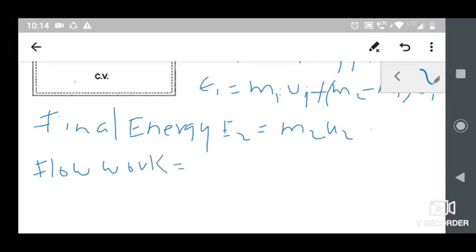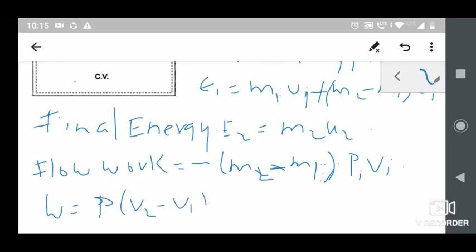Flow work is equal to (m2 minus m1) into pi vi. Here, the relation (m2 minus m1) into pi vi is nothing but, initially, W is equal to p into (v2 minus v1).